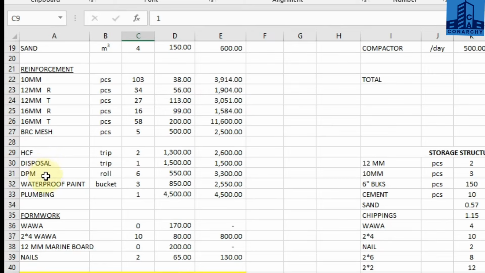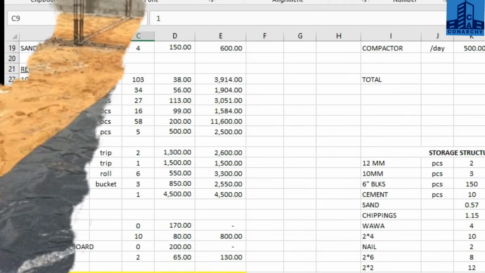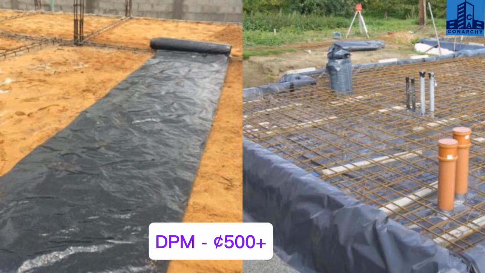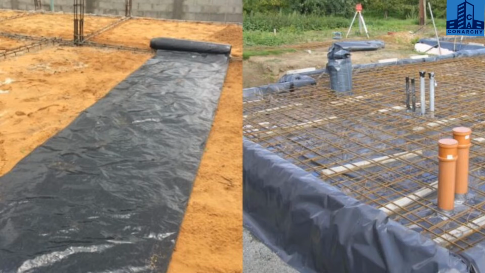We have our DPM over here. With the DPM, we lay it on top of the ground before casting the oversite concrete. This DPM is to prevent the infiltration of water from the ground into the oversite concrete. Too much water in the concrete sometimes causes the concrete to be weak.